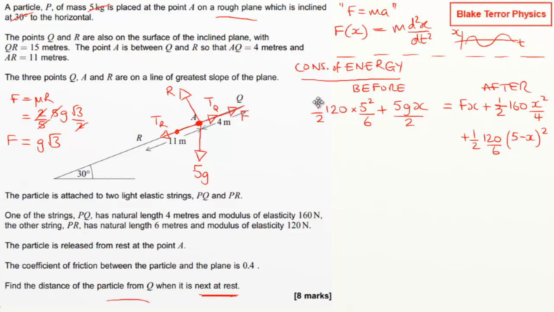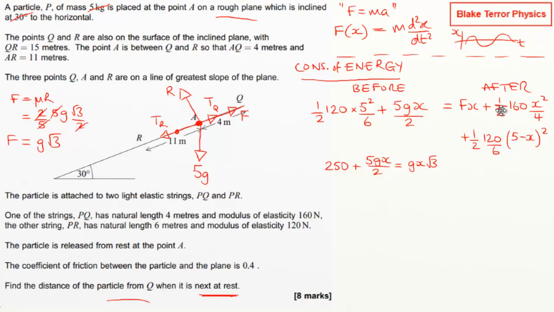Right, let's start simplifying. There's a lot of stuff to try and simplify in all of this. So we've got a half of 120 is 60, divided by 6 is 10, multiplied by 25. So we've got 250. That's going to stay at the moment as 5gx divided by 2. We've then got afterwards our now gx root 3.